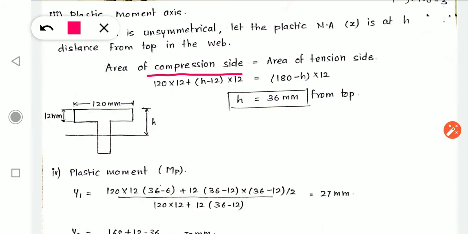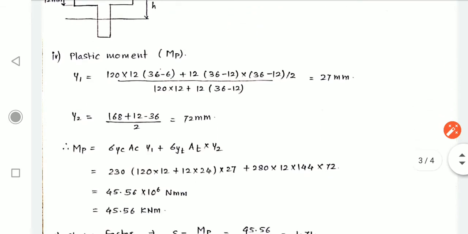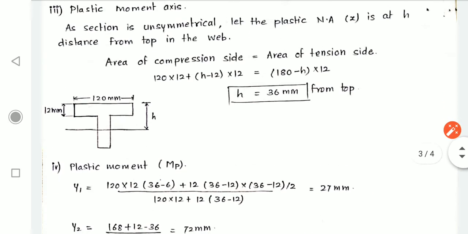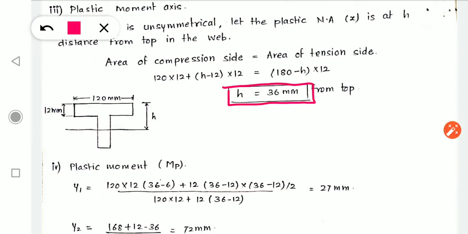So for the compression side area, I have written over here 120, this shape, and some small part of it, a rectangle, which is some part of our web. So I wrote the area of the compression side, then I wrote the area of the tension side, and once we simplify it, we will get h equals 36 mm. Why did we do this step? Because we want to know at what height we are assuming our plastic neutral axis.